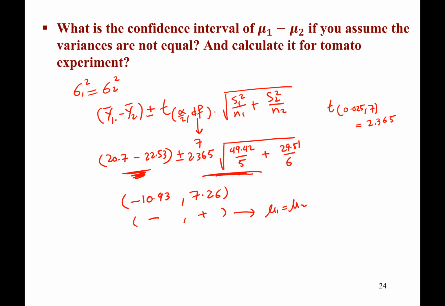It is the same conclusion. So we fail to reject H0 at significance level 5%.